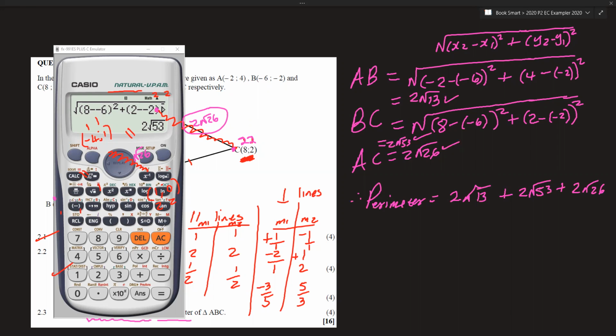Perfect. So now 2 root 53 is already there. I'm just going to add, so this is 2 root 53. I have to add 2 root 13 and then plus 2 root 26.